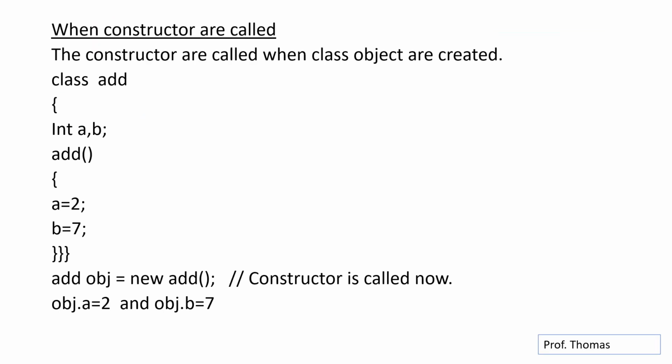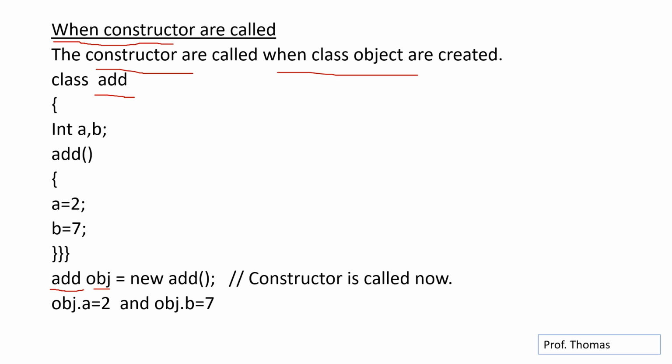Normally, we call a method explicitly, but the constructor is called when we create a class object. In this example, class add, we just create the class object.